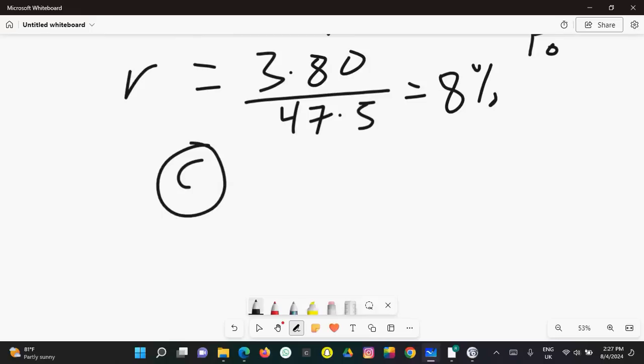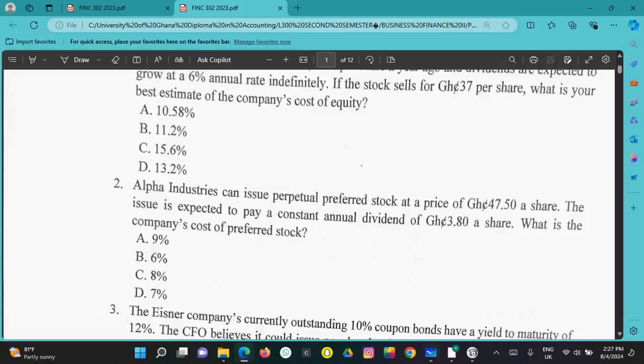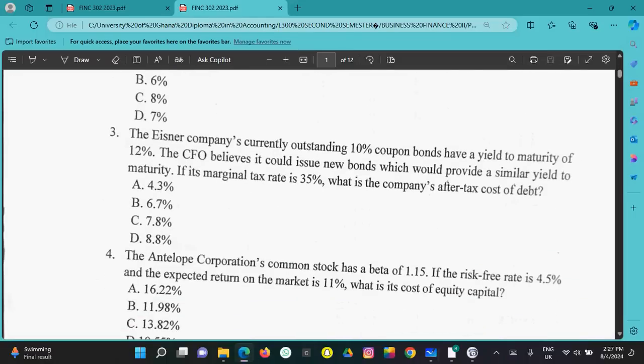So now, question 3. The Ensna company's currently outstanding 10% coupon bonds have a yield to maturity of 12%.